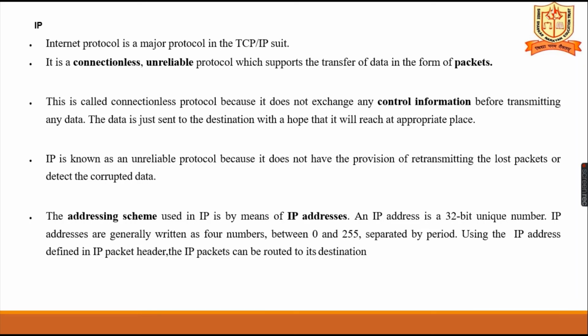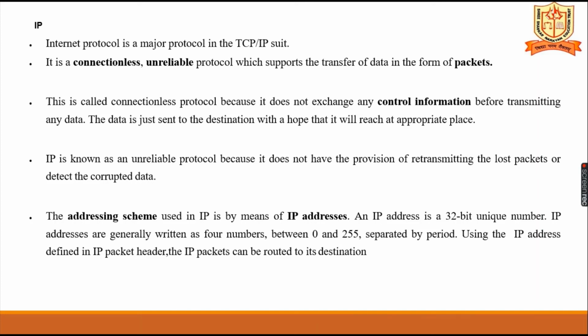Whereas TCP is a connection-oriented protocol. I gave the example of a telephone call, where you come to know the connection is established. IP is called a connectionless protocol because it does not exchange any control information before transmitting any data.